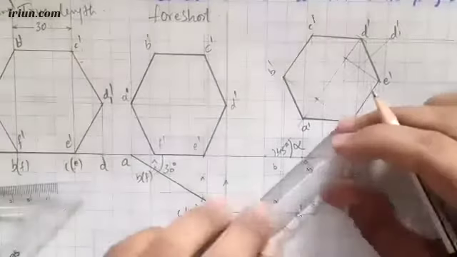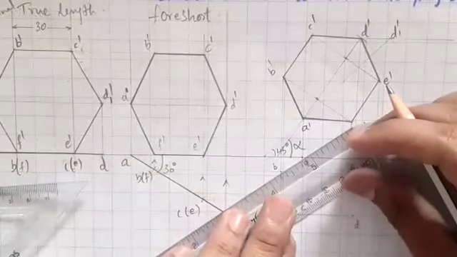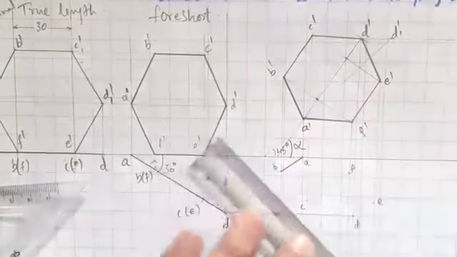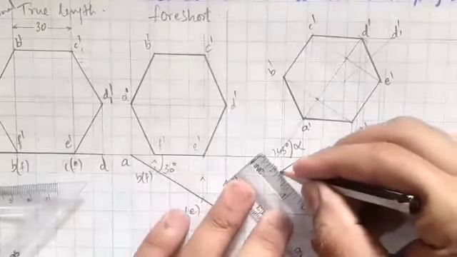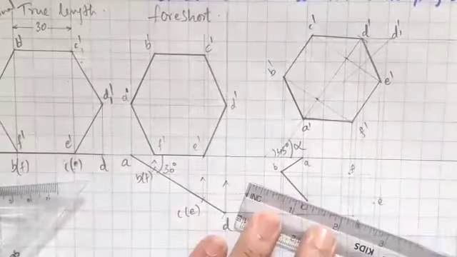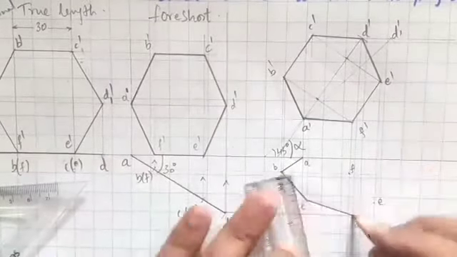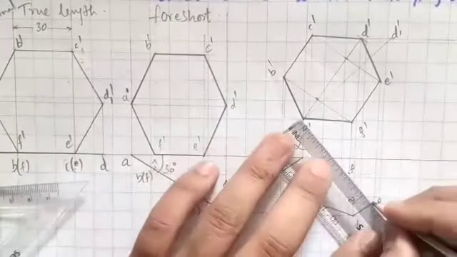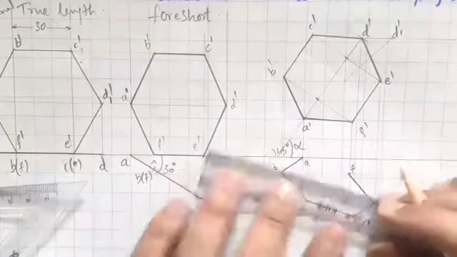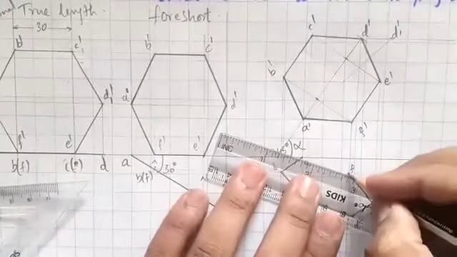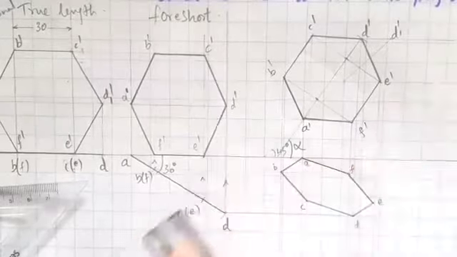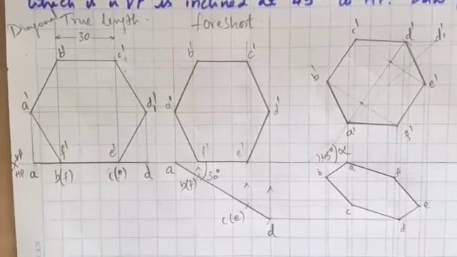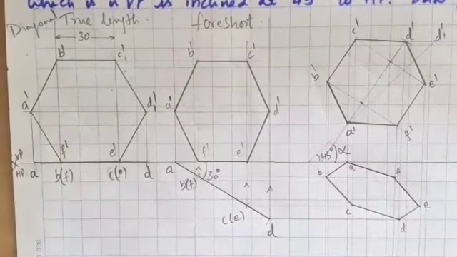That is A to B, B to C, C to D, D to E, E to F, and F to A. This is your final answer along with the alpha.